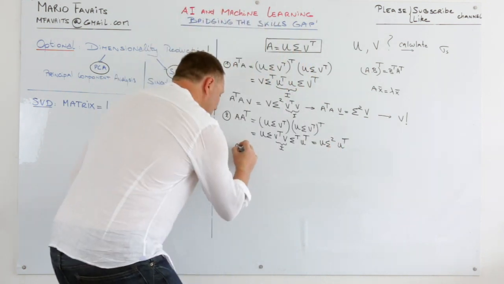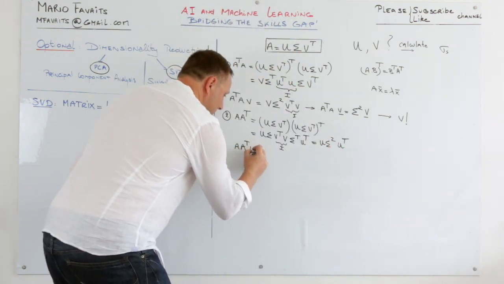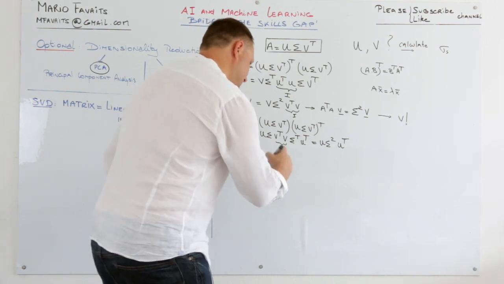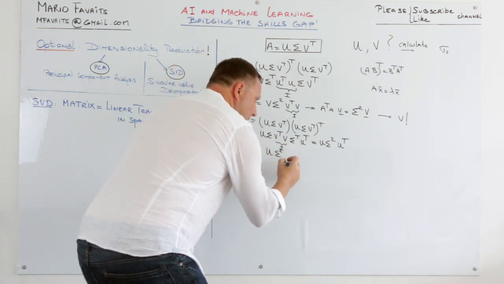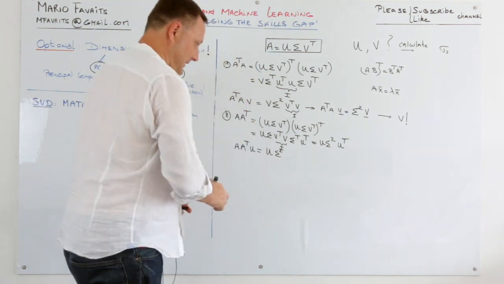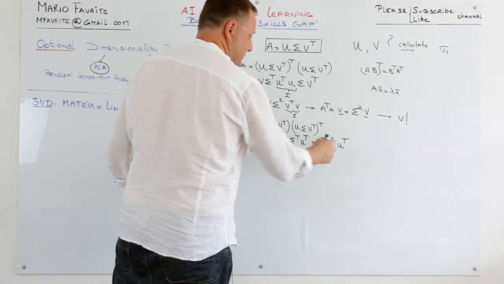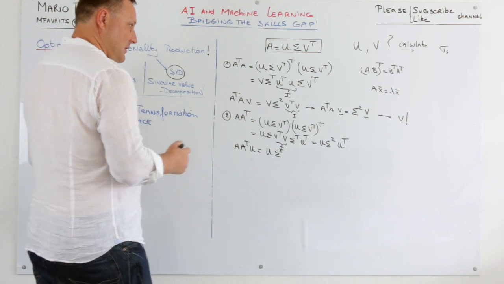So if we now do A A transpose times U, then we have U sigma squared, and then U transpose times U is the identity.